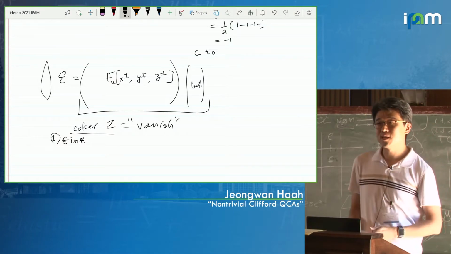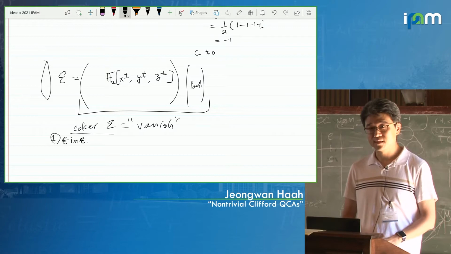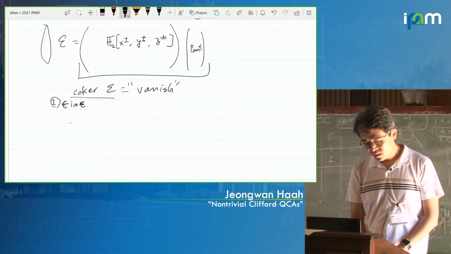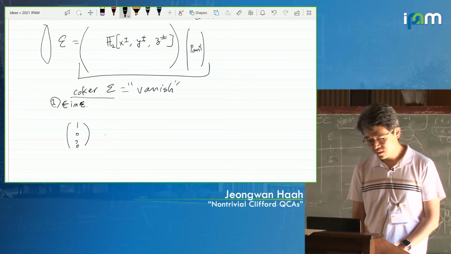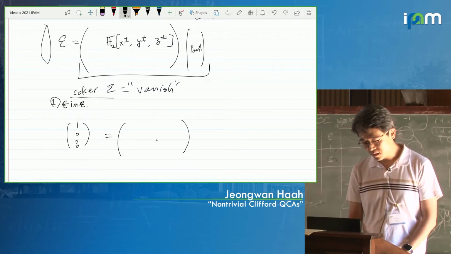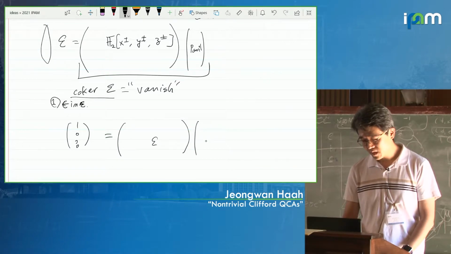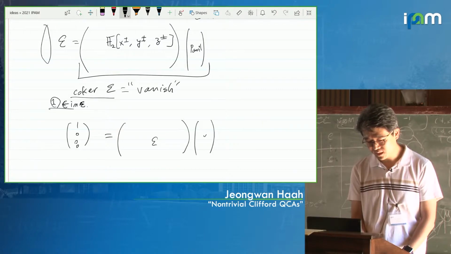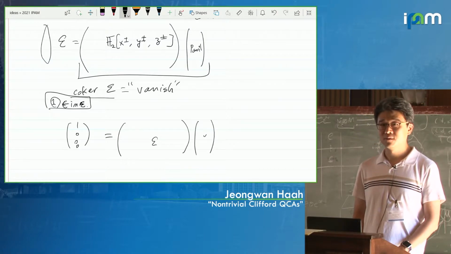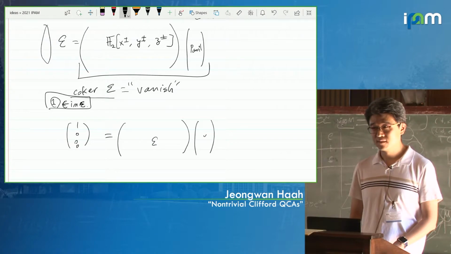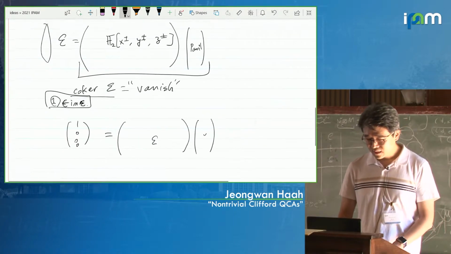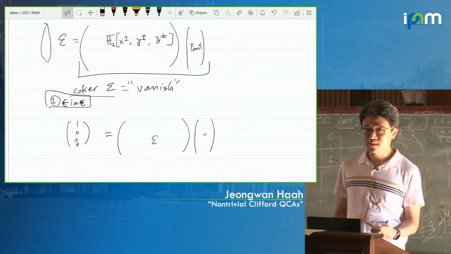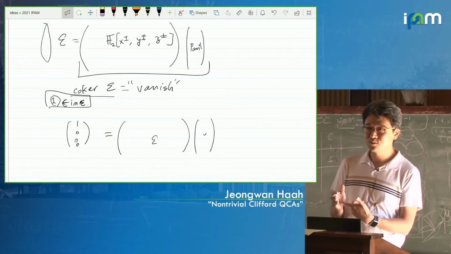But what does that mean in terms of this matrix? It means that for any unit vector, and this is my matrix, there exists a column vector that gives this unit vector. That's what it means to have the 1 in the image. But now let's interpret epsilon once again. Epsilon was supposed to capture the location of excitations through the commutation relation with the Pauli operator.